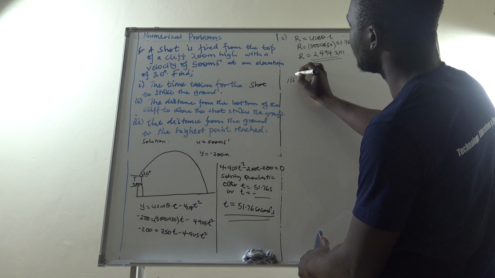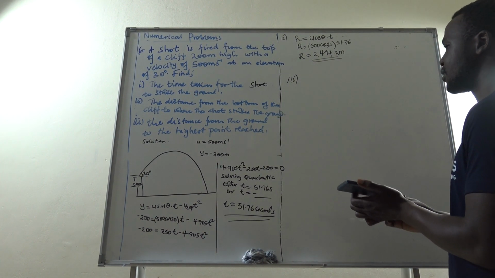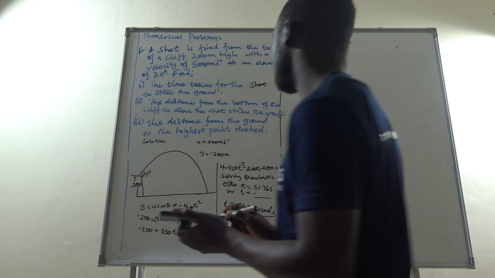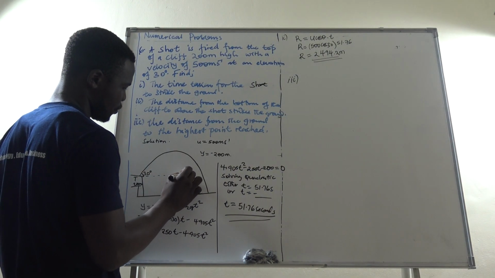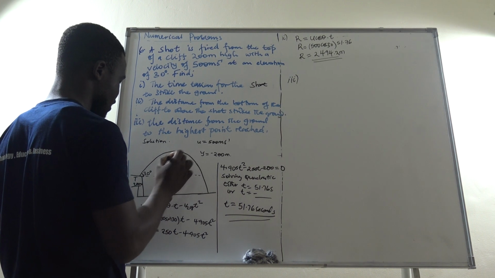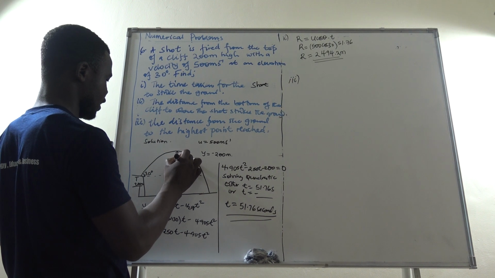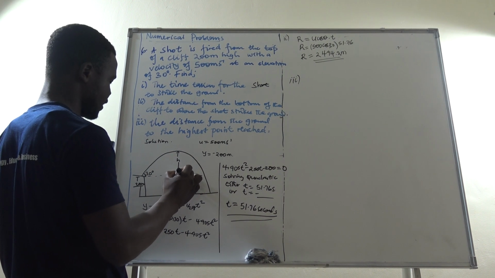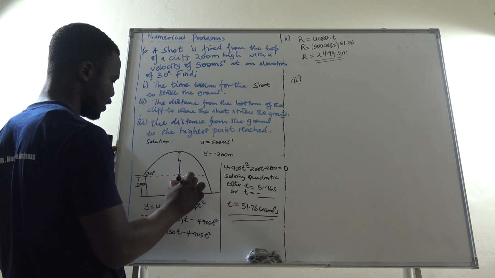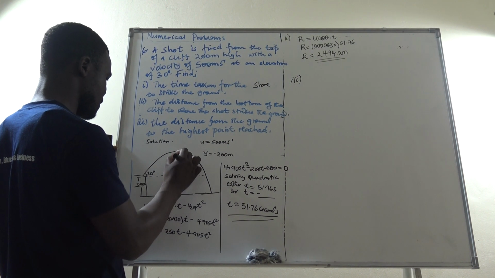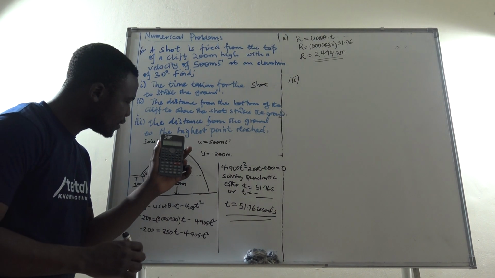Roman numeral 3, they asked for the highest point reached. Now, how do we get the highest point reached? If we take this to be a point of reference, here we get this height. But the highest point reached from the ground will be 200 meters plus this height. How do we get this height?